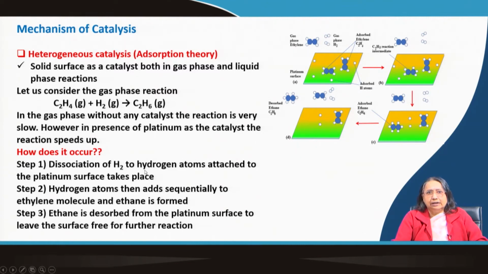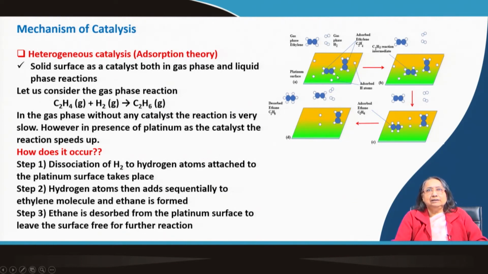Dissociation of hydrogen into hydrogen atoms attached to the platinum surface takes place. So, first hydrogen is attached and then dissociation happens. You can see the hydrogen molecule here in the gas phase, and this is the ethylene molecule.